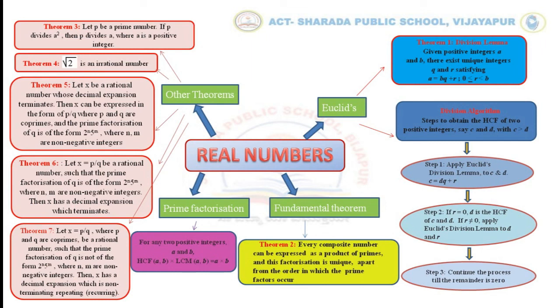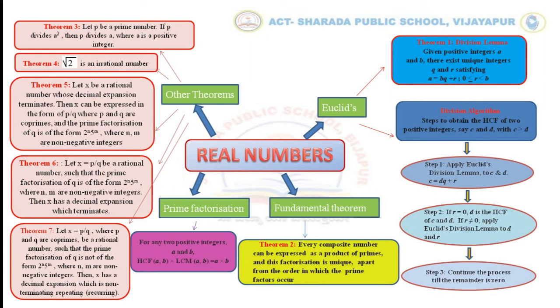To understand this theorem, we take two numbers 10 and 15. So let a be 10 and b be 15. The HCF of 10 and 15 is 5 and the LCM of 10 and 15 is 30.